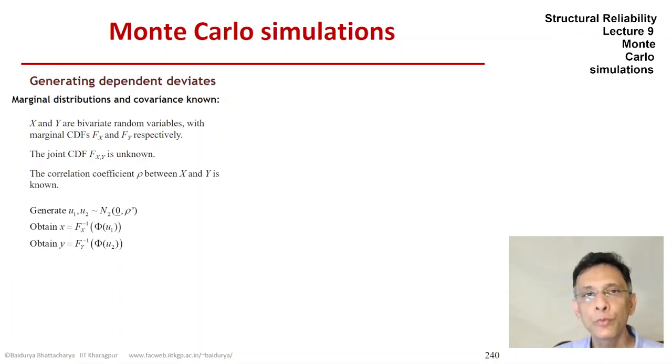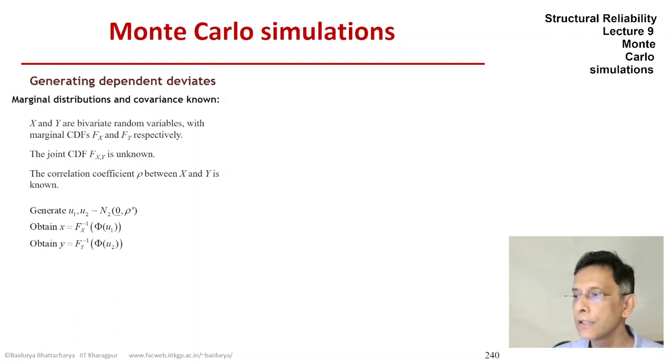What we do is that we equate the two CDFs, F_X and phi of U1, phi being the standard normal CDF, and then we invert that relationship. So this way, what we have done is we have generated X and Y true to their marginal distributions, and we have introduced some dependence among them because U1 and U2 are correlated.